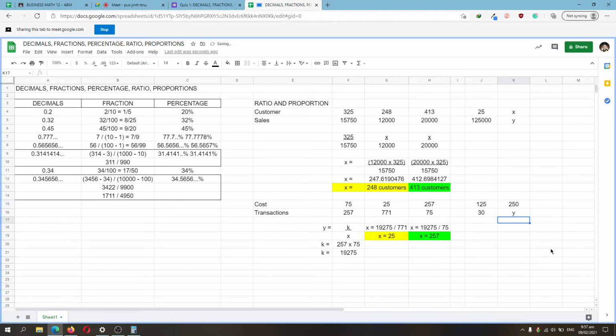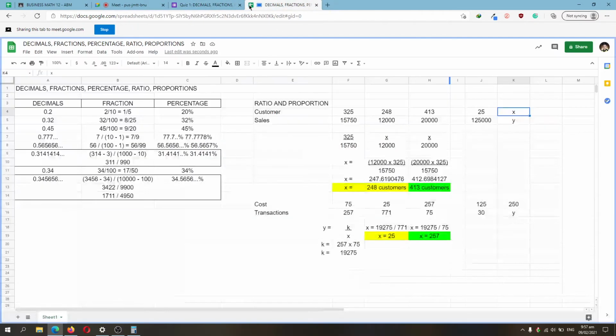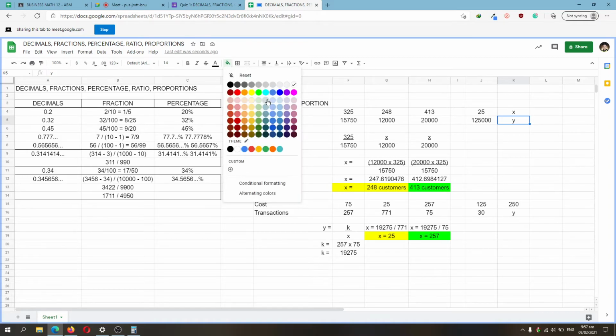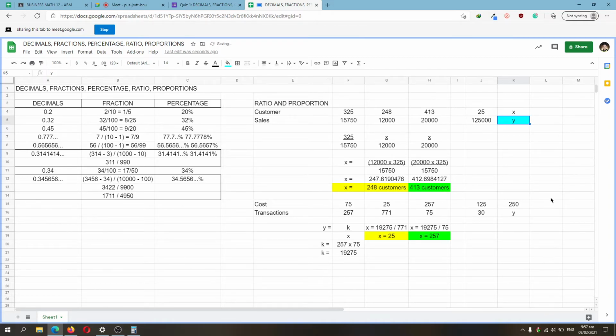So, hindi natin alam. Ito. Ayan. So, kunin muna natin transactions. Tapos, gamitin natin dito sa number of customers para makuha natin yung tinatawag na expected sales natin. So, highlight muna natin yung expected sales natin. Yan. So, dito isusolve natin. Ilan ba yung transaction kapag 250 or ilan yung customer natin?